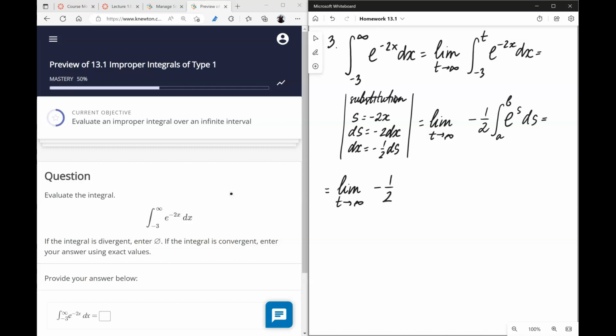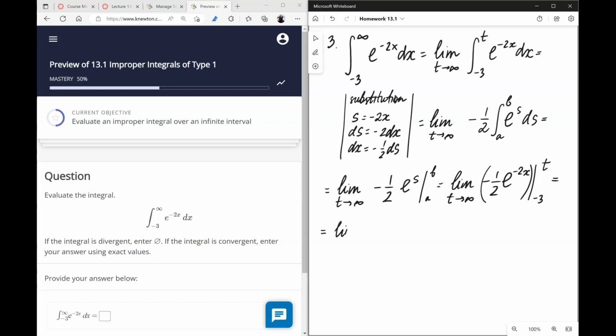But once you find the antiderivative and replace the new variable with the original variable, you can plug in the limits for the original variable, which are -3 and t.